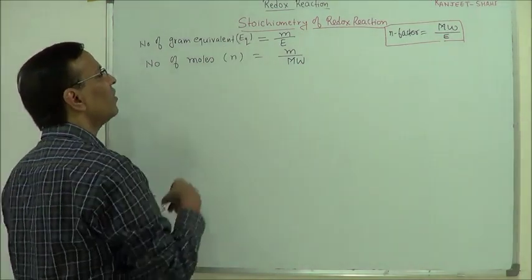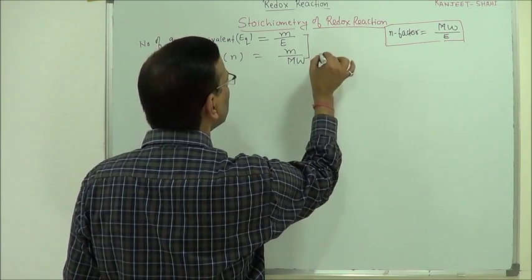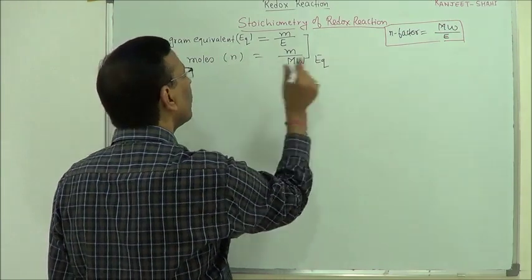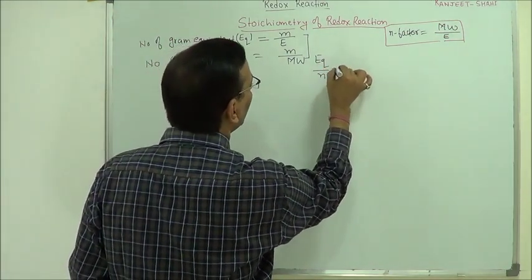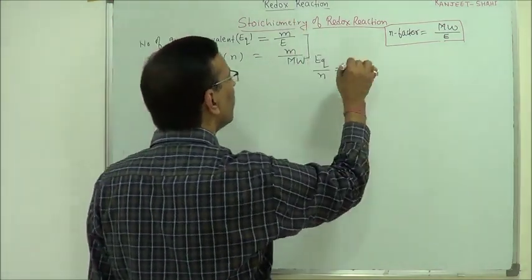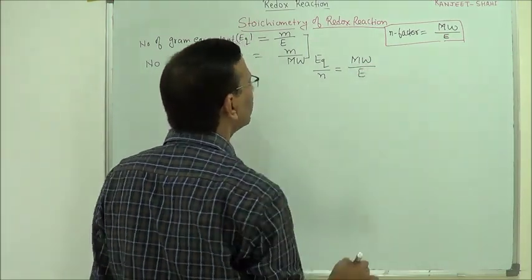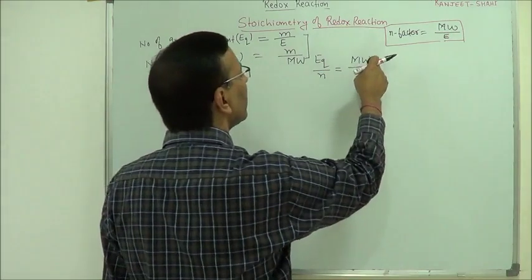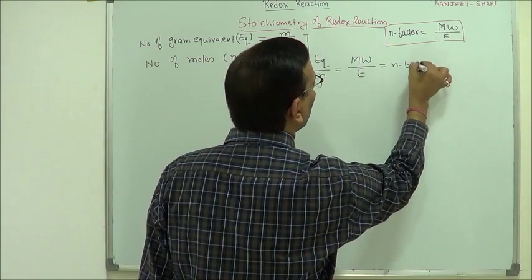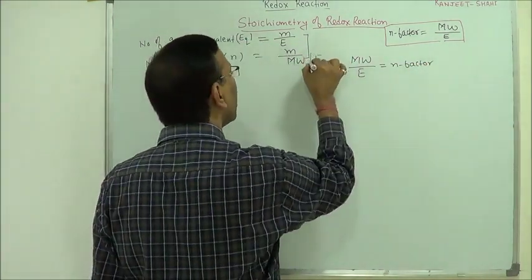So if we want to relate these, we can write a relation as number of equivalent divided by number of mole will be equal to molar mass divided by equivalent mass. And molar mass divided by equivalent mass is nothing but n factor. So this is an important relation we have derived here.